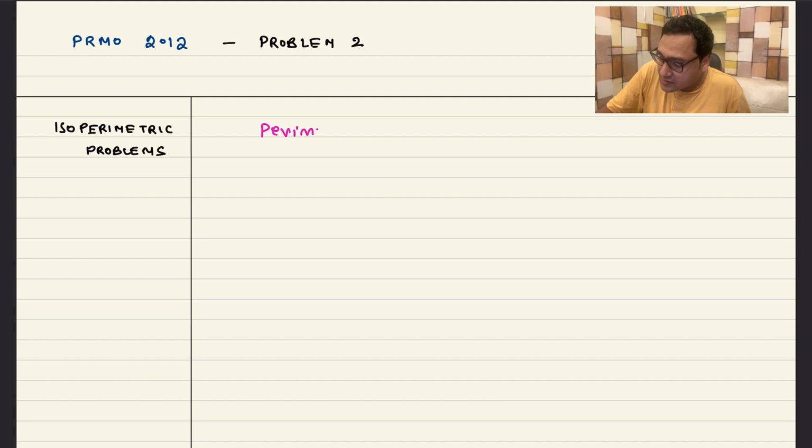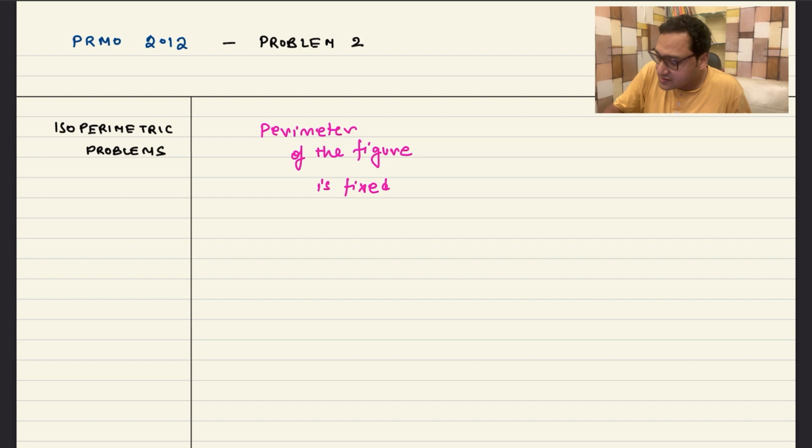So these are called isoperimetric problems. Okay, the perimeter is fixed. So that's the main idea. Let me write it here. The perimeter of the figure is fixed.